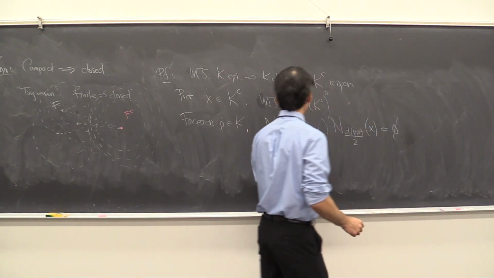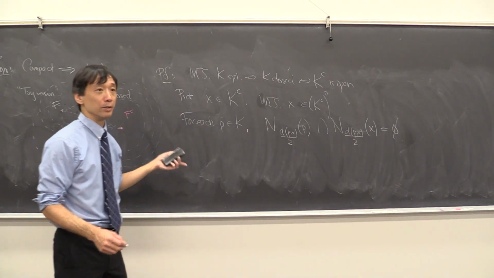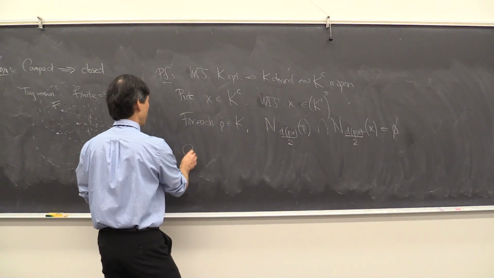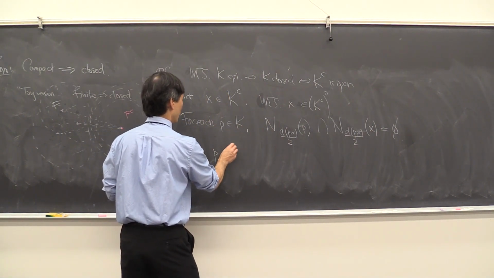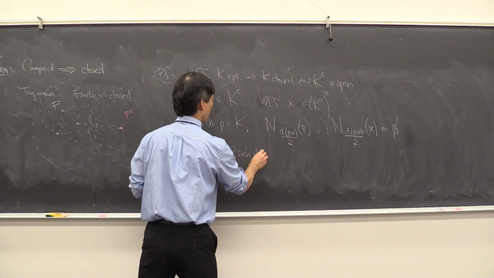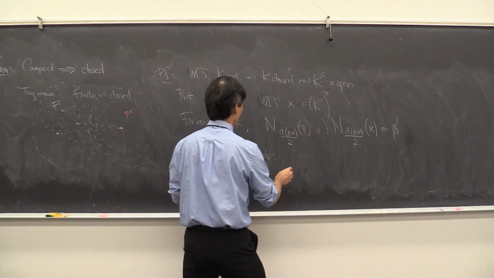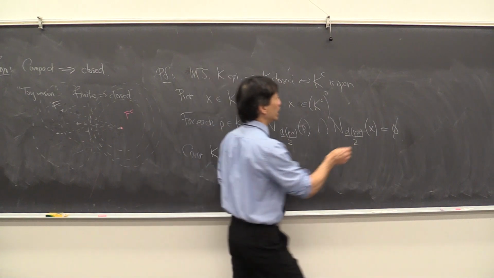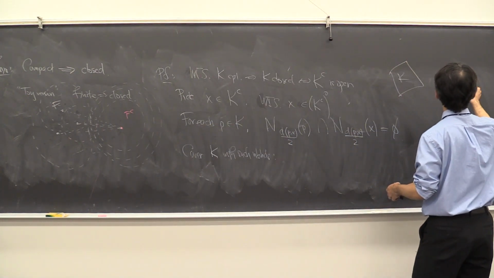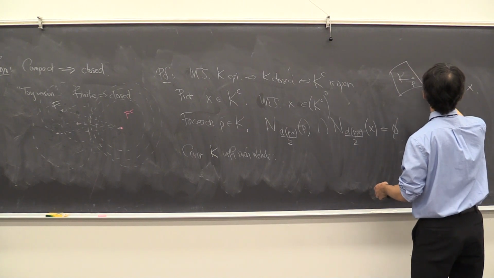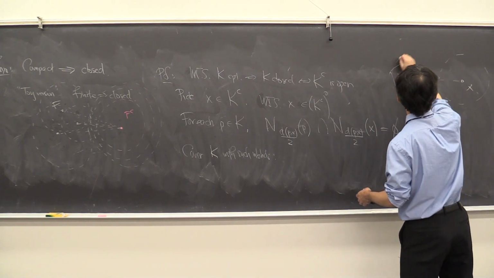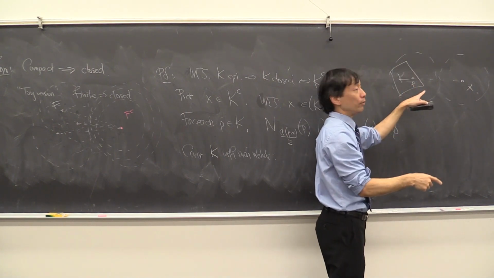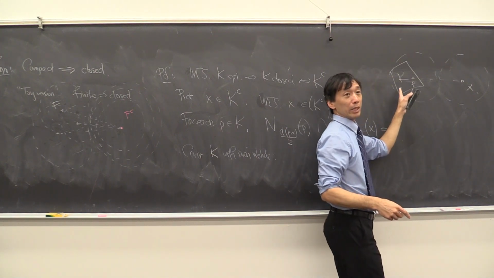Take one ball around P and one ball around X, the intersection is empty. Here's P. We know that if we take the half distance here, then these don't intersect. Do that for every single point in K.